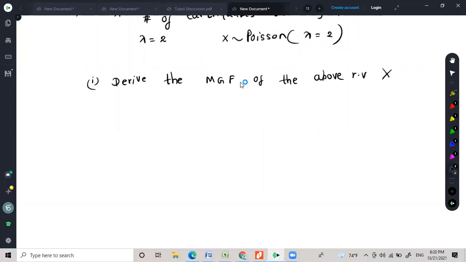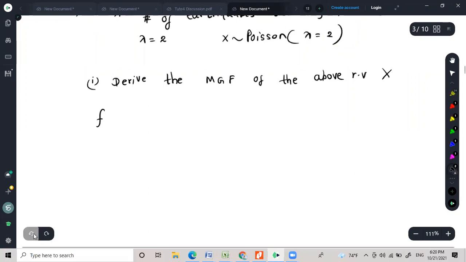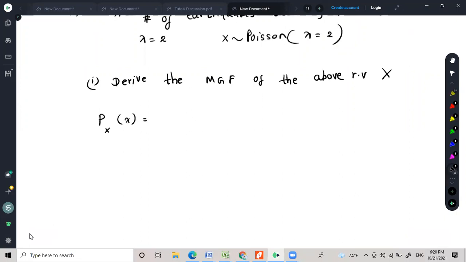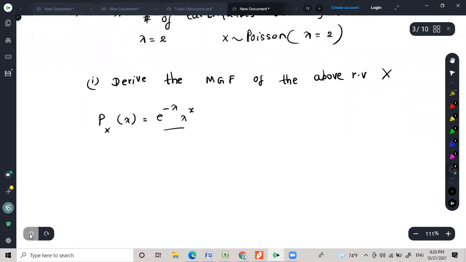Since it is the Poisson distribution, we know the PMF. The PMF will be e to the negative lambda, lambda to the x, over x factorial, with x going from 0, 1, 2, up to infinity. How do you find the moment generating function?